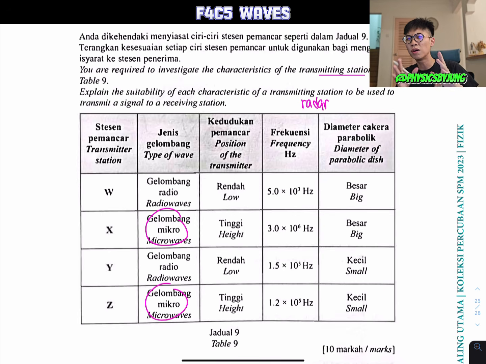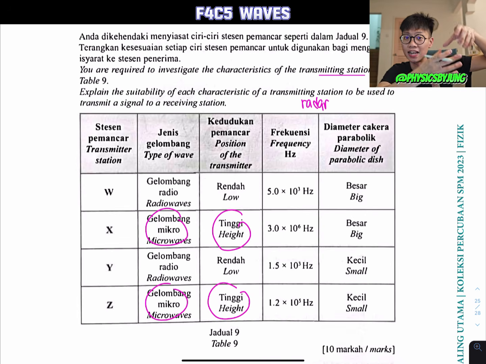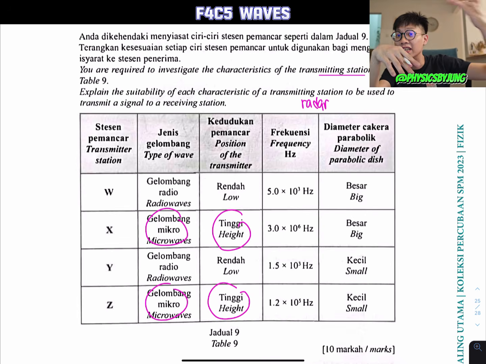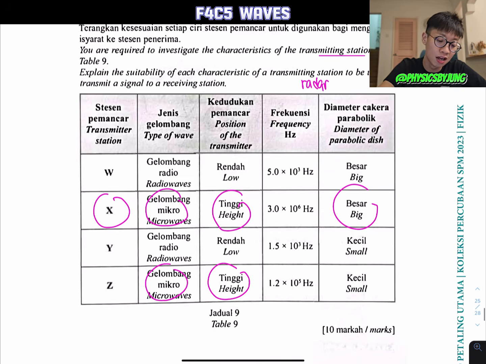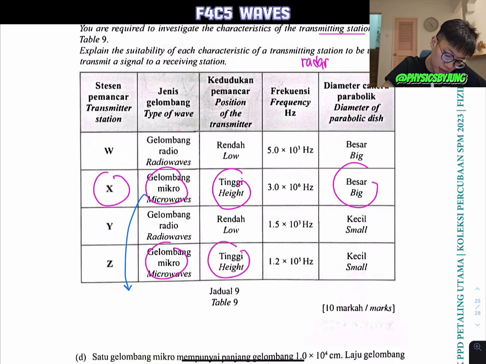So I won't even want to give you 10 seconds to do this because I think this is very easy. So we want this to be a microwave. Why? We'll talk about it later. Obviously, this radar or transmitting station must be higher, and obviously the diameter has to be bigger. So my obvious answer here is X. Why is it X? Okay, jom kita tengok.